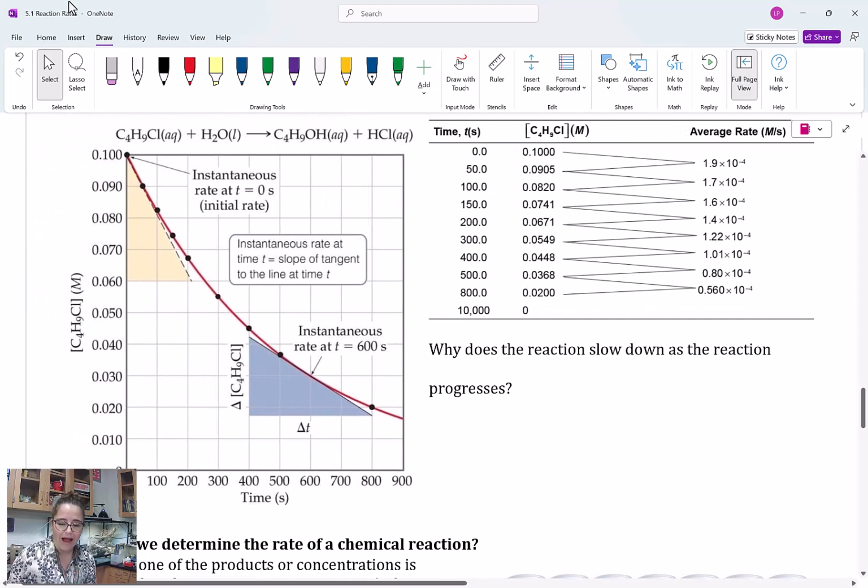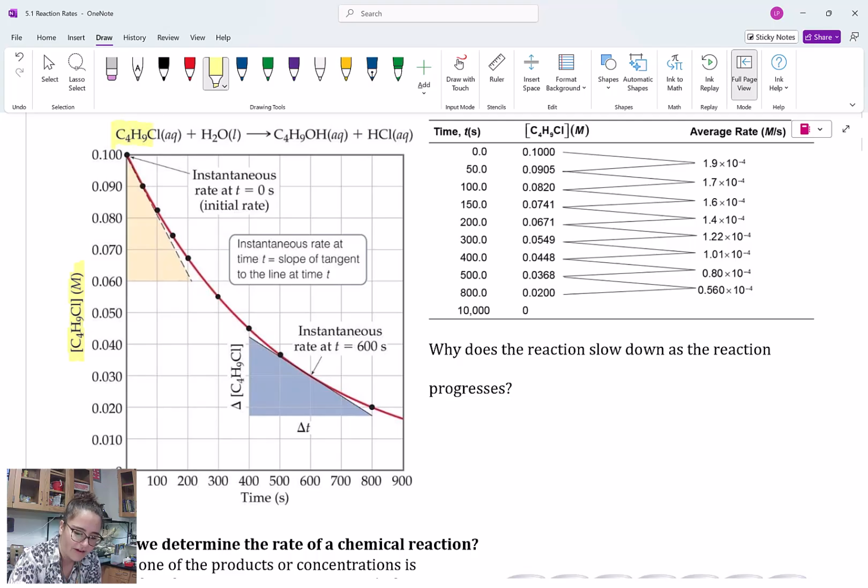And they have a graph to show how the concentration, or the molarity, of that reactant changes over time. So we can get the initial rate. We can tell that it started at an initial concentration of 1.1, and then as the reaction progressed, the rate slowed down.